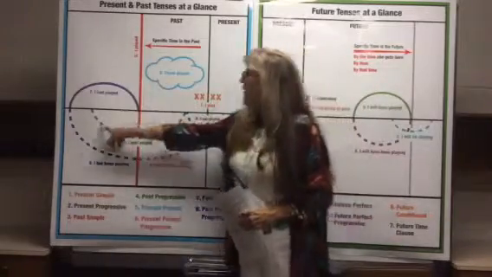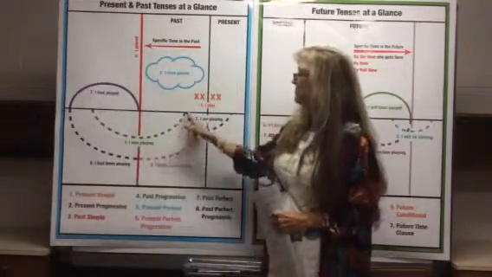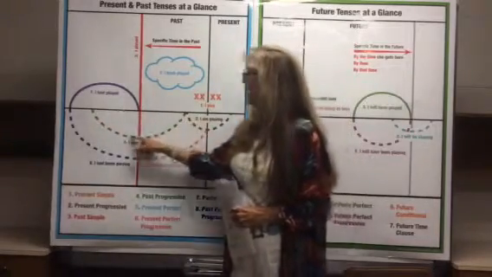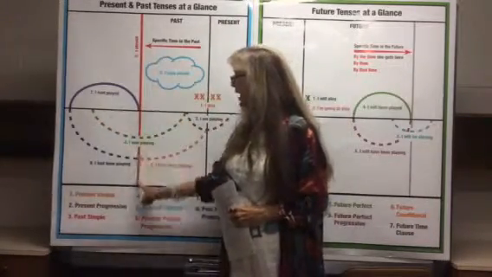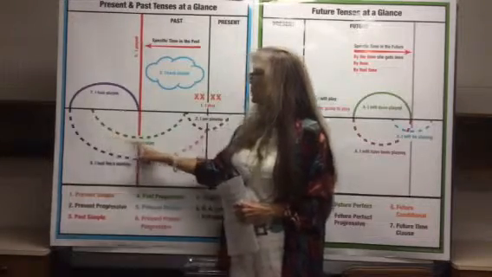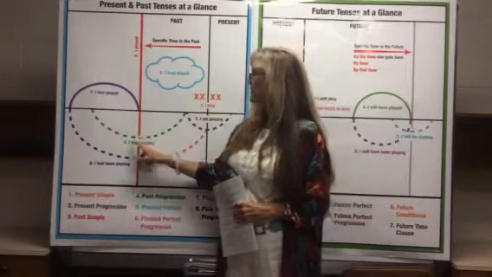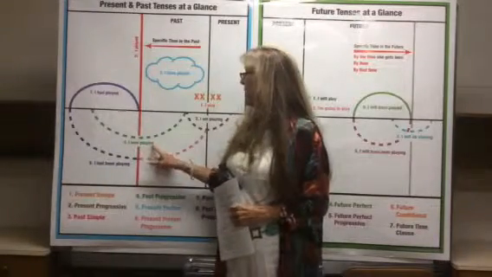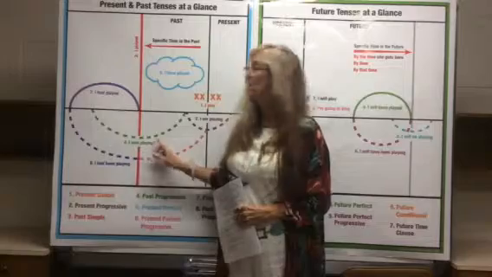Okay, so past progressive then is an action that was going on at a specific time in the past. So it's formed the same as present progressive, only you change be to was or were and add ing on the main verb.